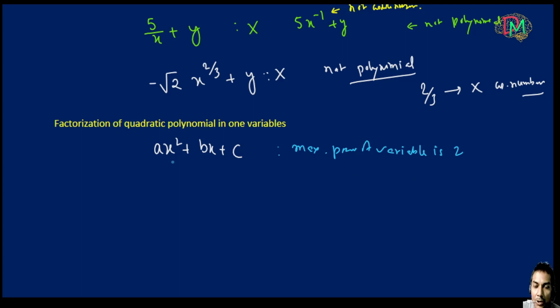And why is it a polynomial? Because the powers are whole numbers; here also the power of x is 1, so it is a whole number. Clear? So this is a polynomial and also a quadratic polynomial.